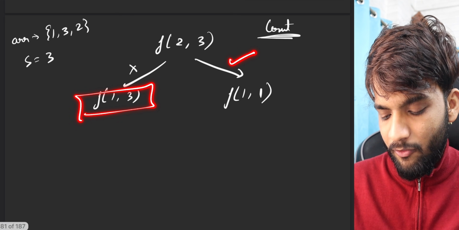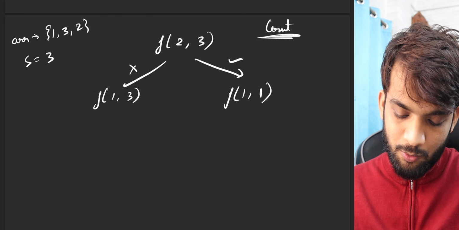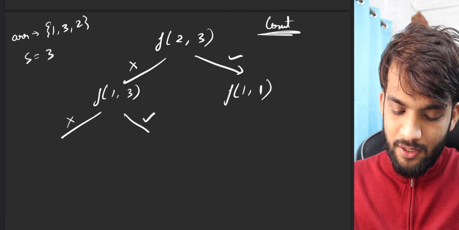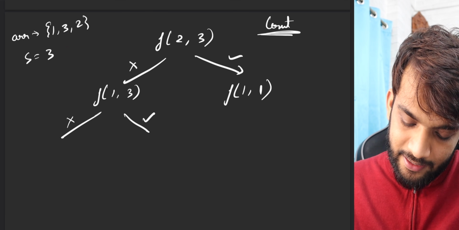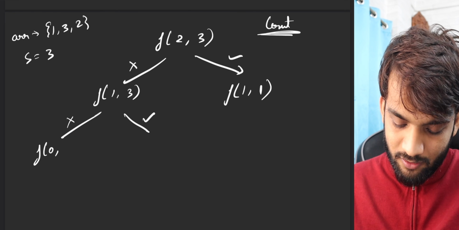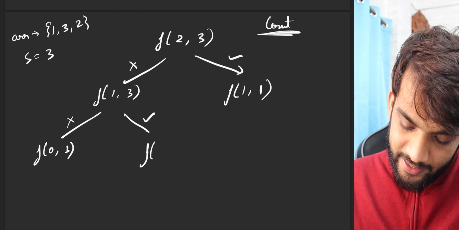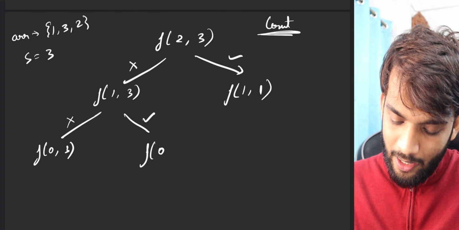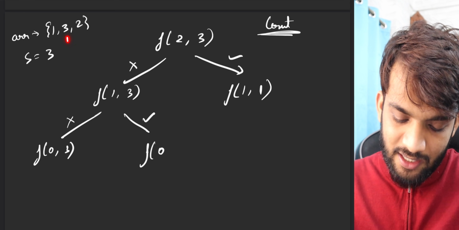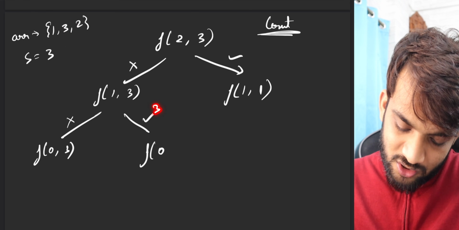This is one way of pick. This is one way of not pick, because if I'm not picking, then I'm just moving across. Again, there'll be two ways, pick and not pick. So I am at index 1 and I'm saying I'll not pick. So I'll move to index 0 with 3. Over here, let's understand what happens. You are saying pick at index 1. Index 1 is having 3. So 3 was the initial sum.